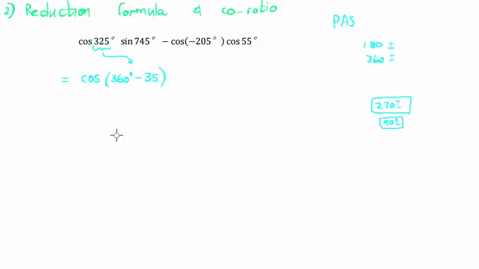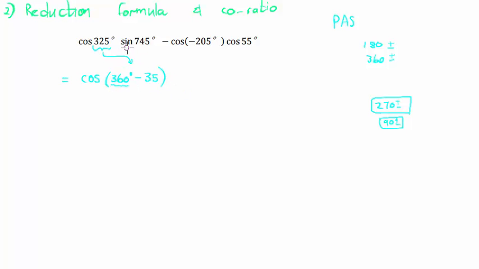It's like telling you I am 40 years minus 9. I didn't change my age. I'm still 31. I don't say I'm 40 years minus 31. I'm just expressing my age in a different way, but it's still my age. In the same way, this is still 325. I've just written it so that it contains this expression, the 360.